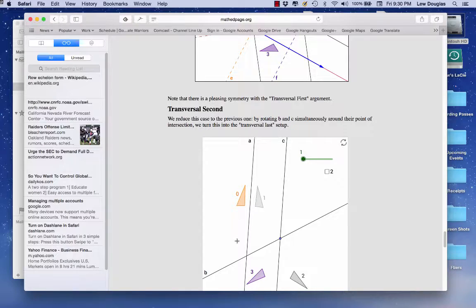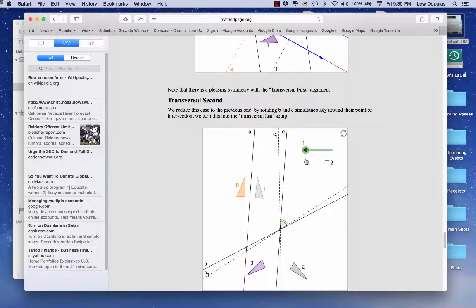First we go A, then we go B with the transversal second, and then we reflect in C. But if we use this slider and maintain the angle between B and C, because it's first A, then B, then C, and maintain that angle, then that will be equivalent. And we simply rotate until the image of B is parallel to A.